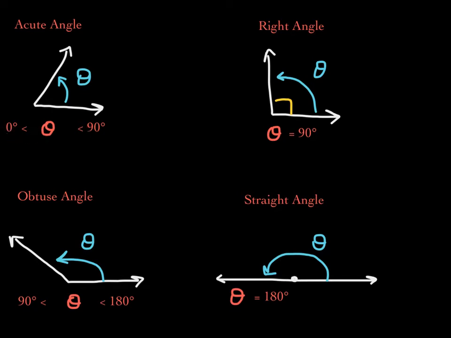Now, if the angle measure is exactly 90 degrees, then we're talking about a right angle. So theta in this case is exactly 90 degrees. And we always use this notation here in yellow to denote a right angle. An obtuse angle is an angle whose angle measure is greater than 90 degrees but less than 180 degrees. And if theta is exactly 180 degrees, then it's a straight angle.